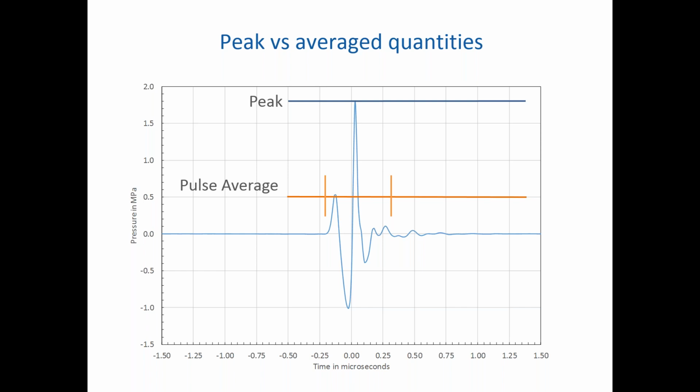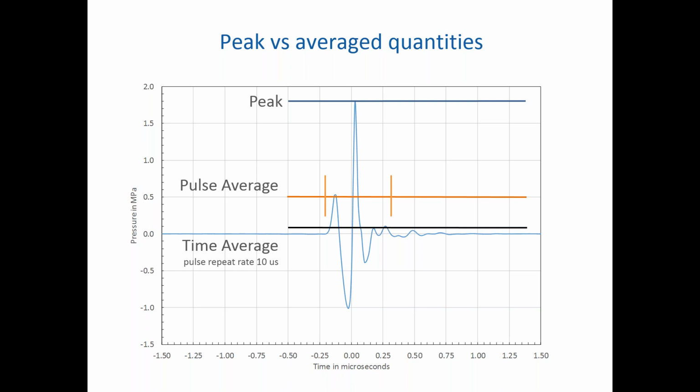But it's also worth bearing in mind that for many ultrasonic situations, the pulsing regime is far from continuous. In fact, you might find that pulses only repeat themselves once every 10 microseconds. Well, given that we've only got about half a microsecond pulse duration, we can see that the time averaged value, so average over all time rather than just the duration of the pulse, is going to be lower again.